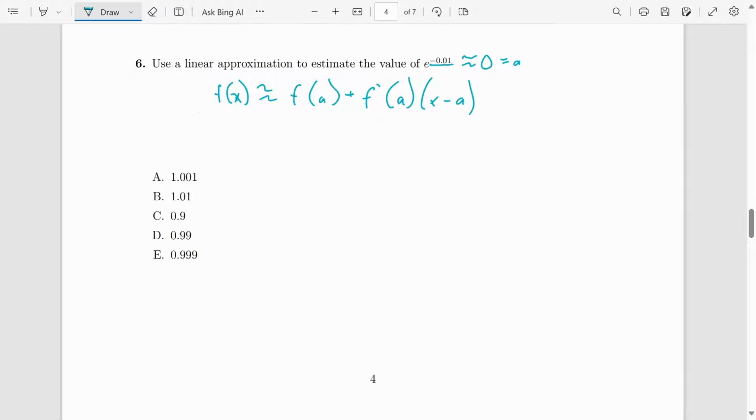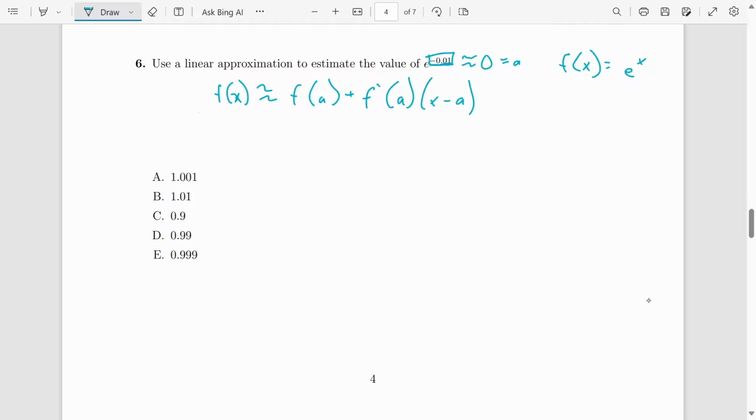The only thing left to find before we start plugging in numbers is what our f of x should be. The f of x is just what the original problem was, but you substitute the approximated value with x. So we're just going to write e to the x, and that is our f of x. Now we can begin solving.